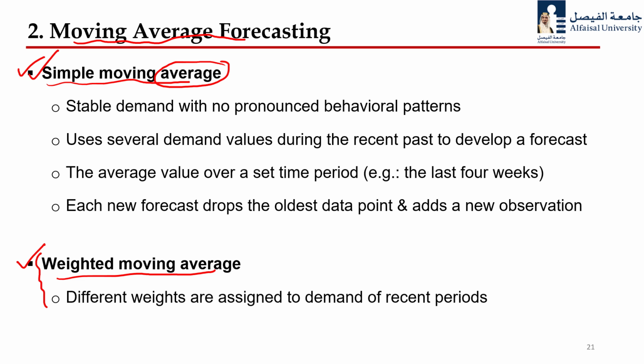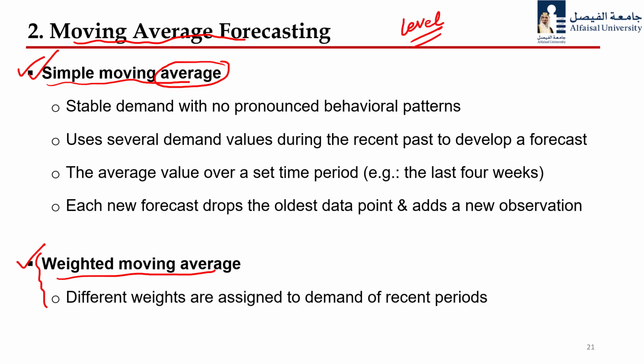Before discussing the simple moving average, as we discussed in the last lecture regarding the naive forecasting method, both the naive method and the simple moving average method are appropriate when the data pattern contains only the level pattern.